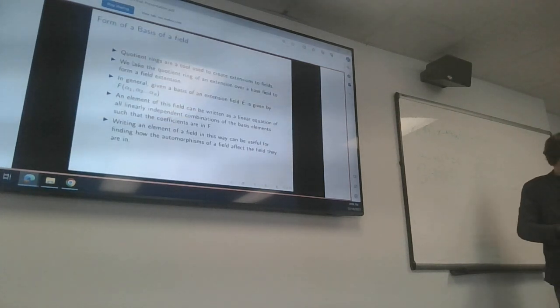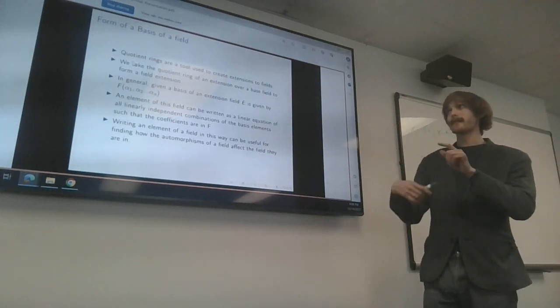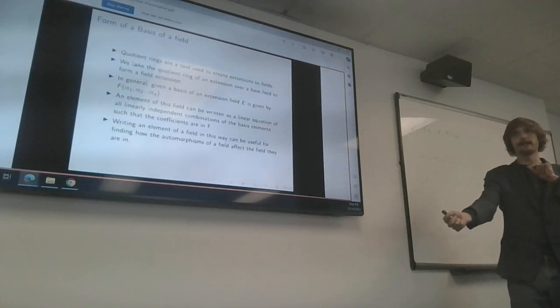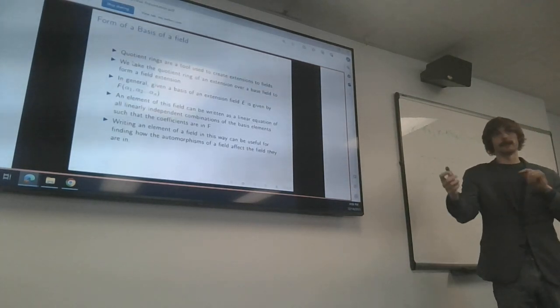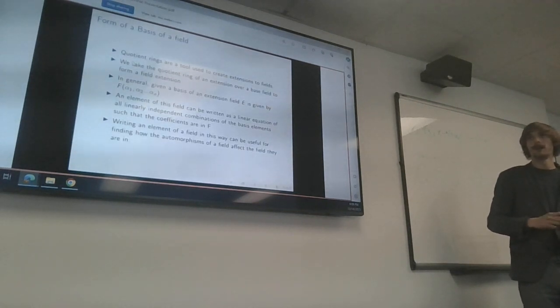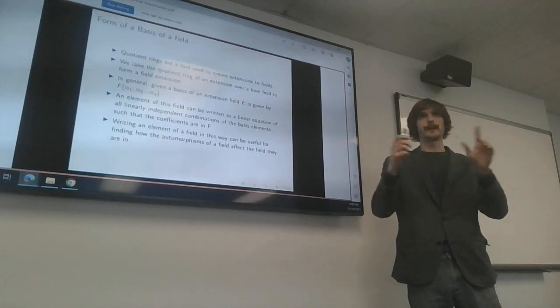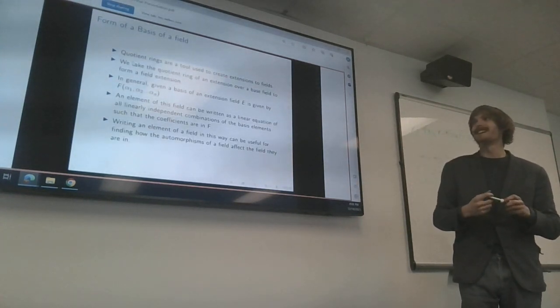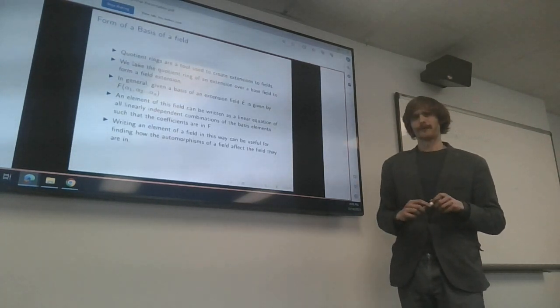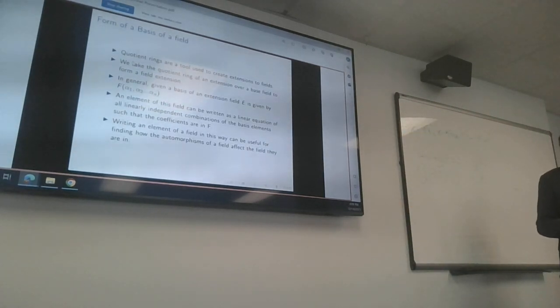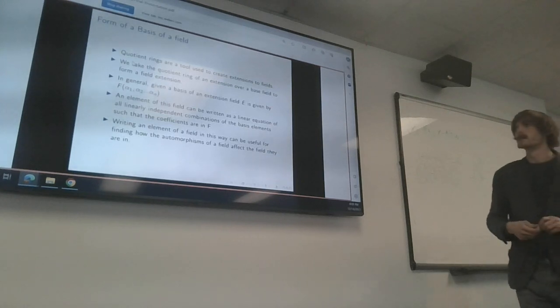And so we can think about these field extensions as linear spaces, or linear combinations of roots, or as a basis of a linear system, I believe.